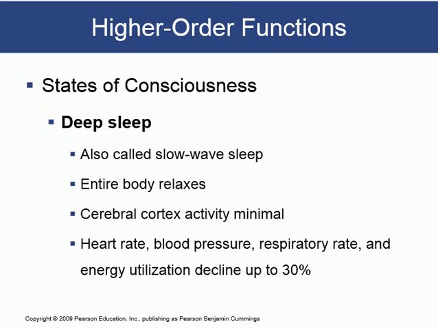These are slow, large waves, delta waves. Delta waves, which are slow waves, show deep sleeping. During that time, the activity of the cortex drops, so you don't think about anything, you're deeply sleeping.